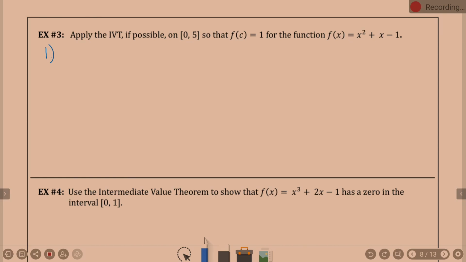The point is we are stating it is continuous. So f of x is continuous on, I'm going to use that fancy R. What does that mean again? The reals.